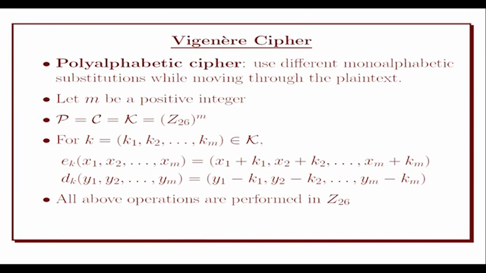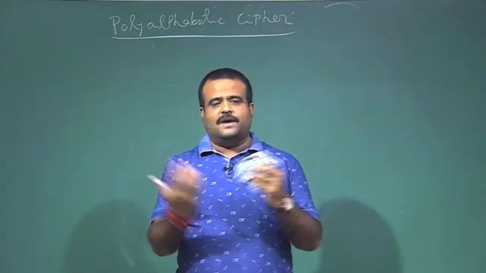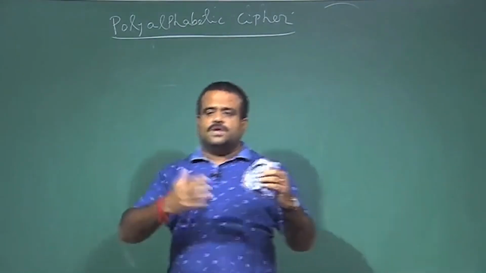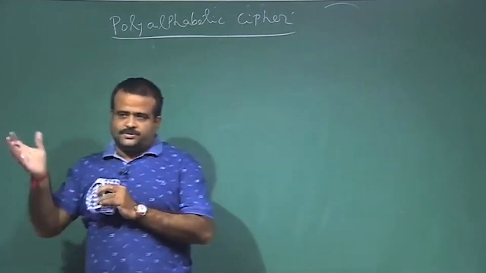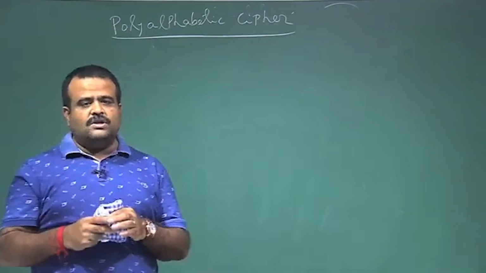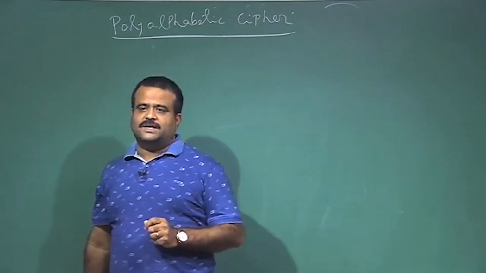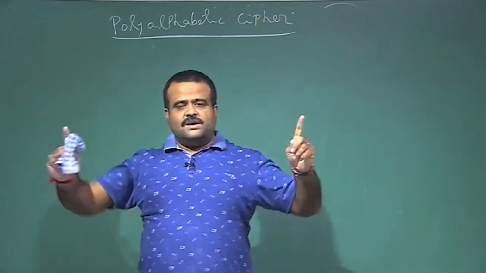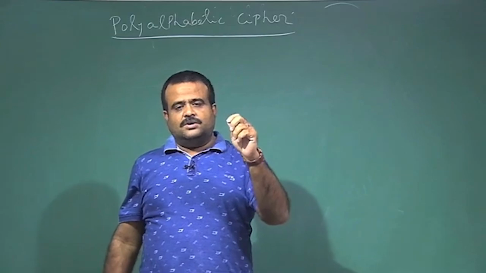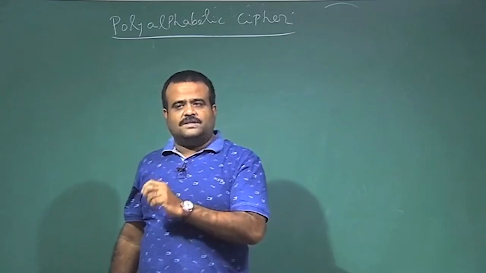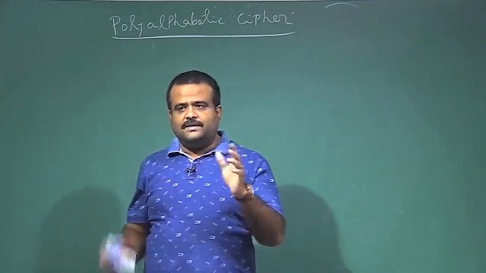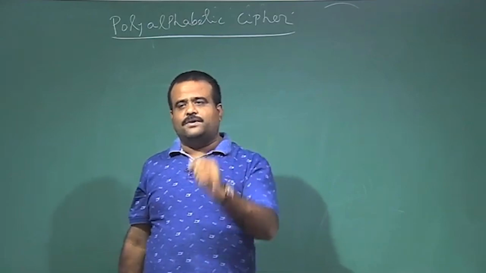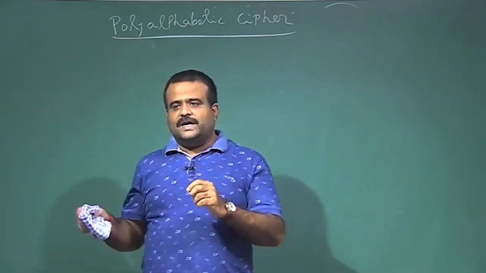So, we use a different monoalphabetic cipher as we move through the plain text for the encryption, and so E is not mapped to a fixed alphabet. In different positions, sometimes E is mapped to M, sometimes E is mapped to N, something like that.